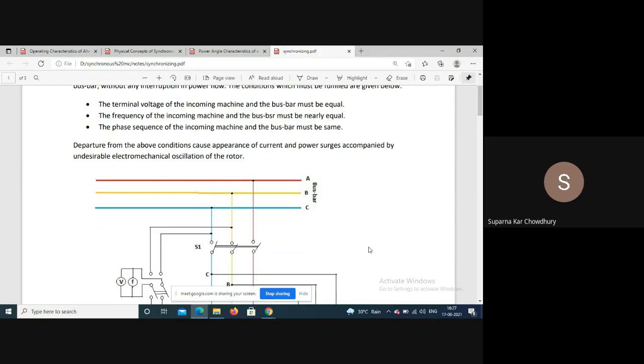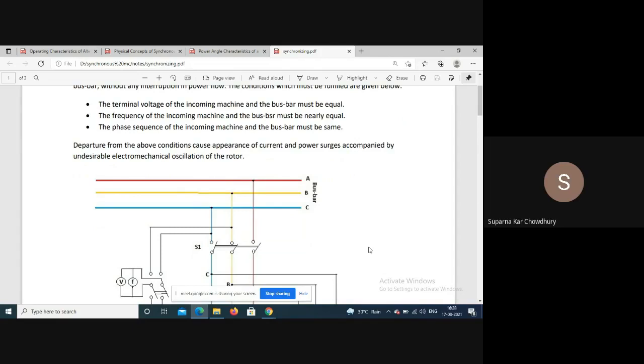In case of DC generators, you have seen that when we have to operate two generators in parallel, we have to see that their terminal voltages are equal and that they are connected with proper polarity. Now, as it is an AC machine, the same conditions apply for synchronizing or parallel operation of two synchronous generators. That is, the terminal voltage of the incoming machine and the bus bar must be equal.